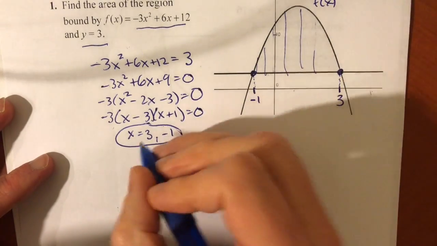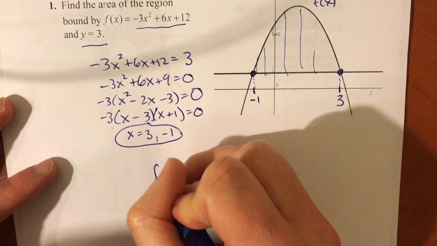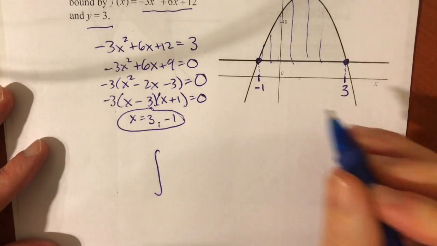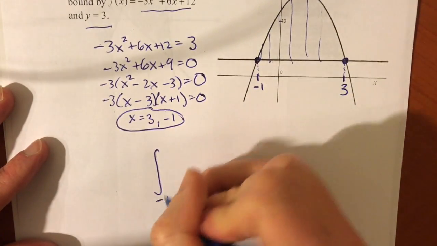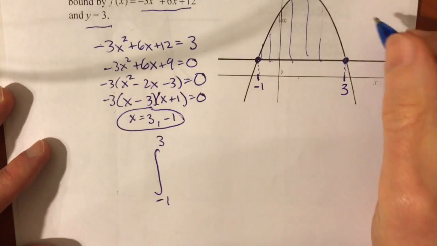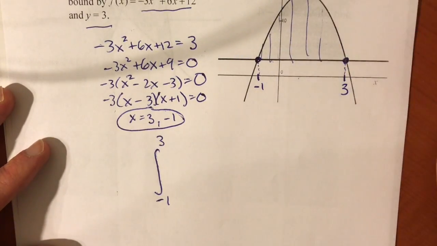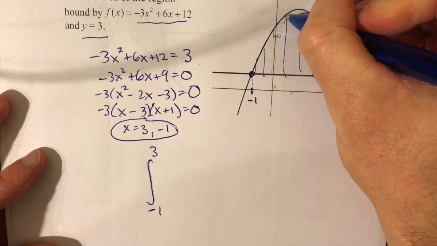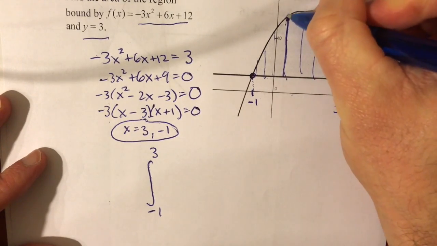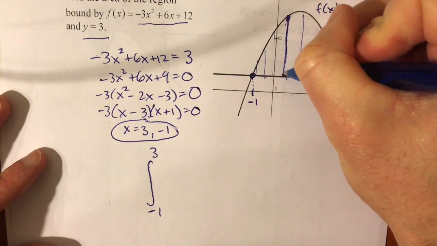I'm going to set up one big one, and this can always be accomplished here. Same deal though, we are going from negative 1 to 3. And if you have two curves, just keep in mind, you're going between this curve and this curve.